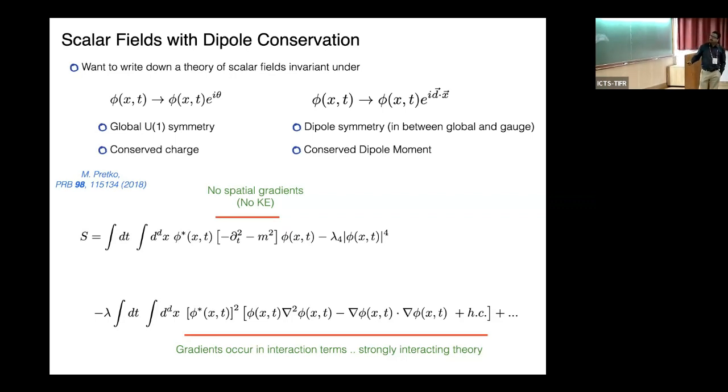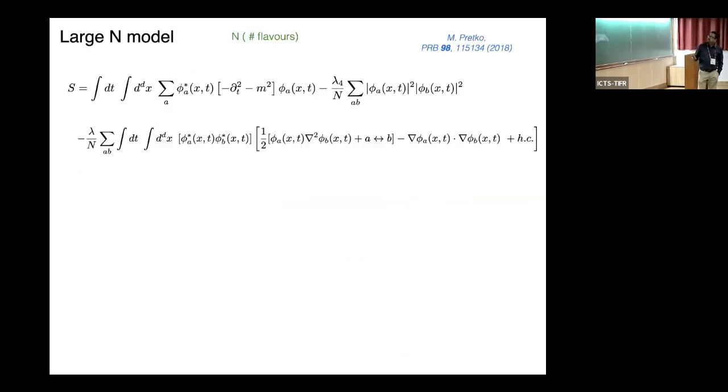So this was a model that was written by Pretko, and we took this model. And okay, so in principle, you could write down a del T square or an i del T, and the model with i del T was studied by Jensen and Raz in 2022. So what do we do with this? We go to the large n limit.